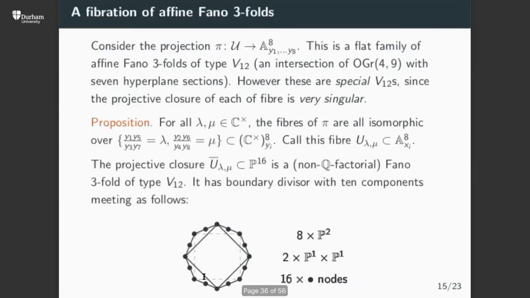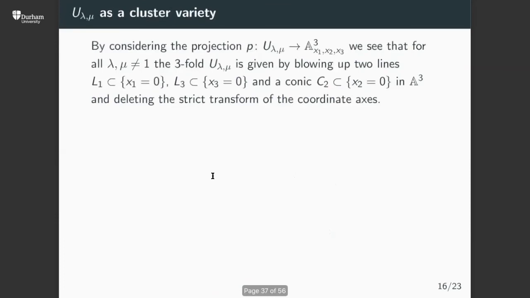So I told you that in the 5-dimensional case, you can obtain the del Pezzo surface by blowing up a toric variety. In this case, we can also obtain this 3-fold by blowing up a very simple toric variety, just the affine 3-space. Before, we had to blow up 2 points, 1 on each coordinate axis.